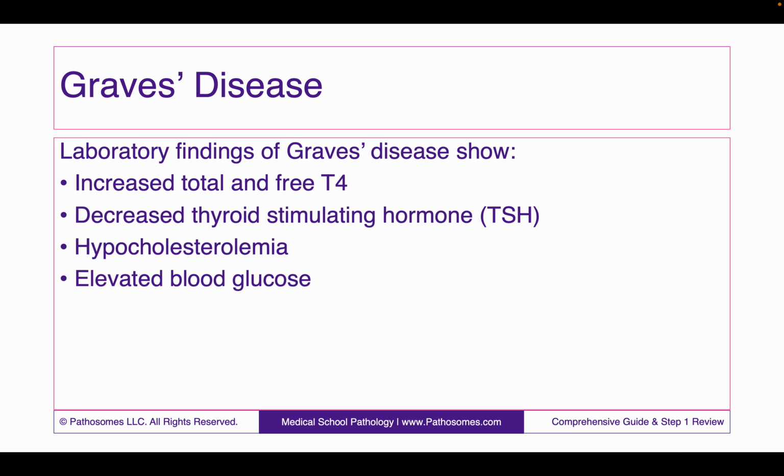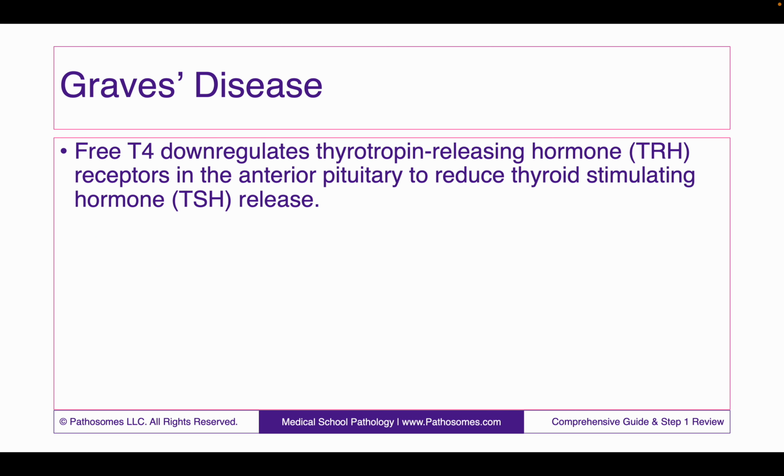Cholesterol's low, and elevated blood glucose, right? Free T4 down-regulates thyrotropin releasing hormone, TRH, receptors in the anterior pituitary to reduce thyroid stimulating hormone release. That's important. That ties into physiology of endocrinology, so you'll probably see that somewhere.